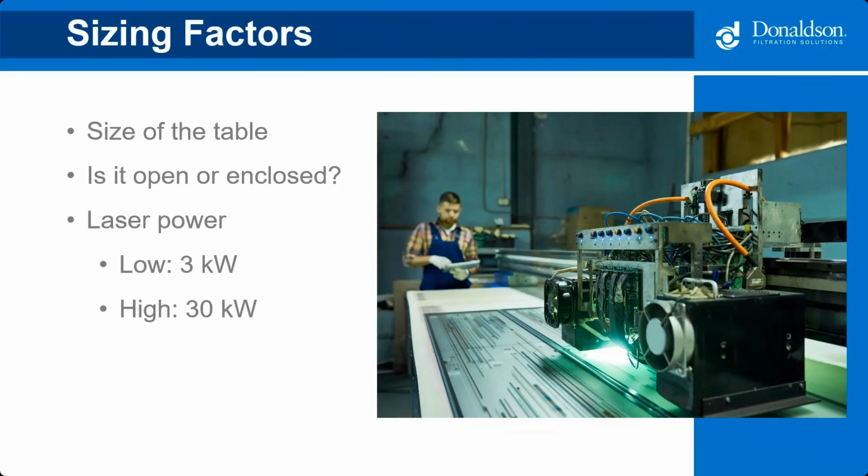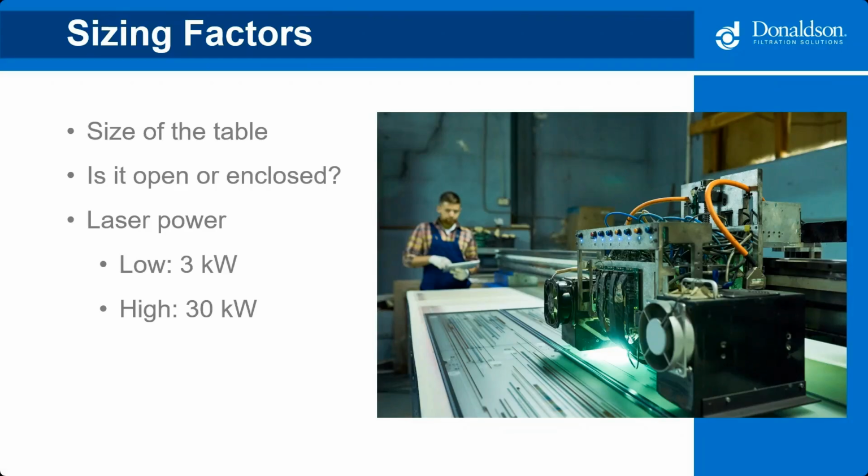And then from there, it makes its way into the dust collection system. The airflow or CFM being pulled through the system is determined by the manufacturer. It's based on a few different things, including size of the table. Larger tables generally are going to require larger airflows. If it's open or enclosed, open would require more airflow than enclosed in most cases, and the power of the laser itself.